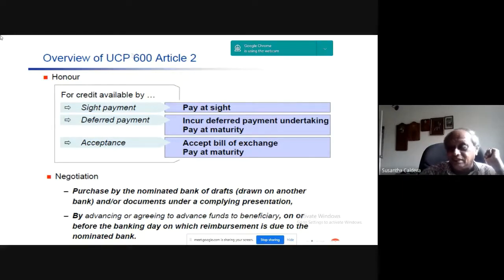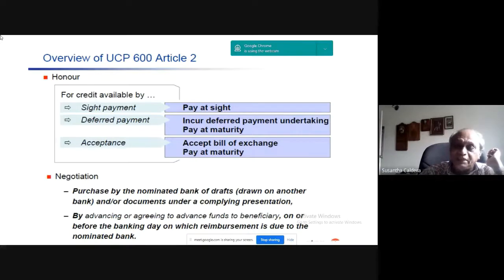Then a 90 days usance bill. Once they accept the bill, once we receive the SWIFT confirmation from the issuing bank, why should I wait for 90 days rather than doing anything?